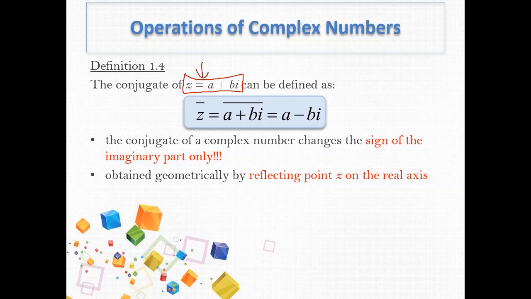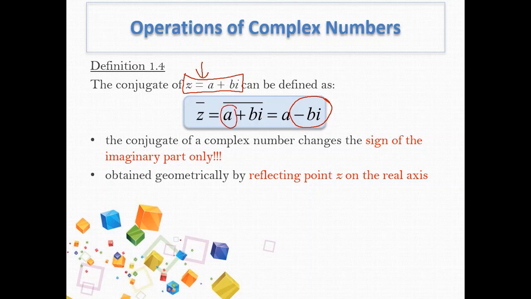So only the imaginary part changes the sign. The conjugate of a complex number changes the sign of the imaginary part only. You do nothing to the real part.